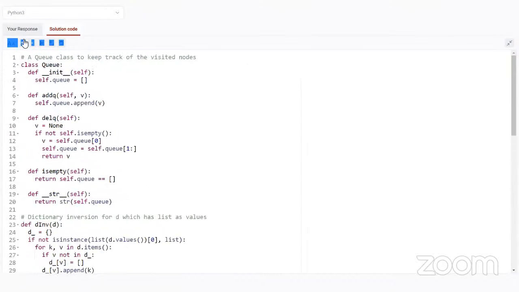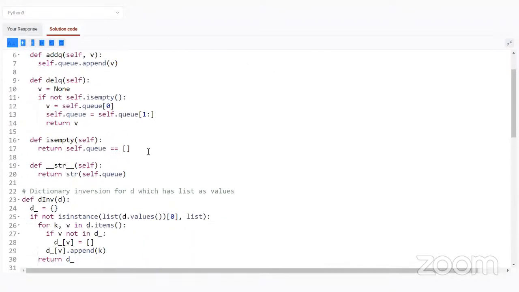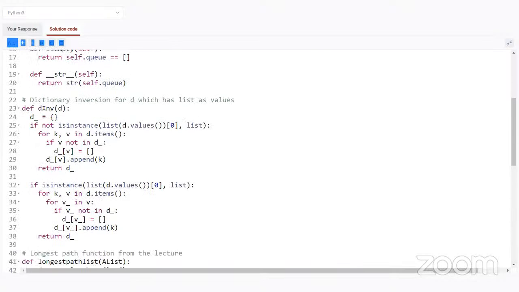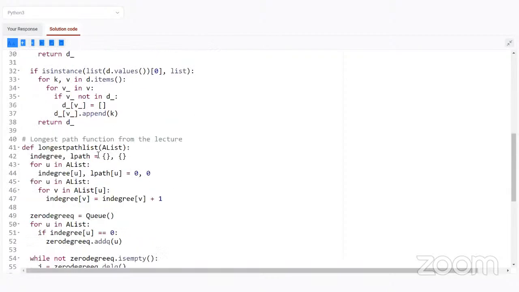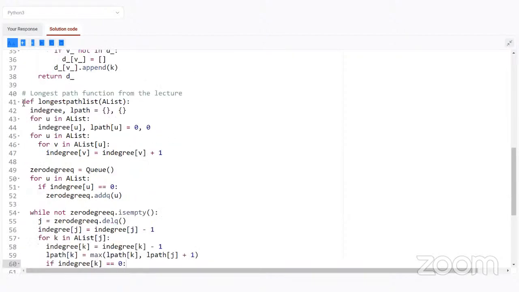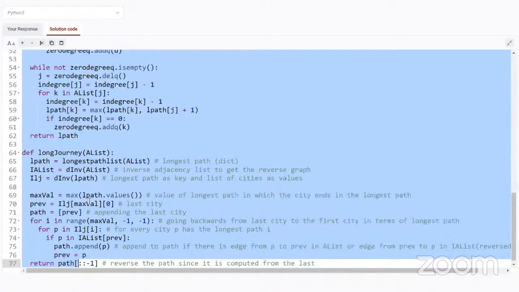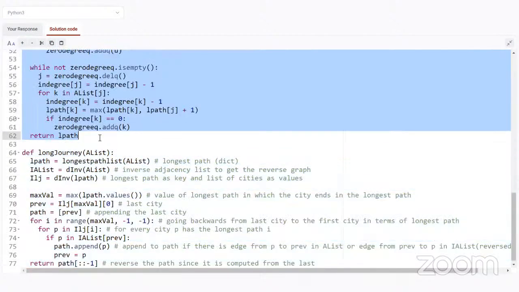Okay, so one second, let's see it. First, this is a queue. This is the external thing. This is the dictionary inversion for D, which has a list as a value. This is the separate operation. And this is the main operation, the longest path function from the lecture. Oh, okay, yes, this is the part which I have already used in the lecture.